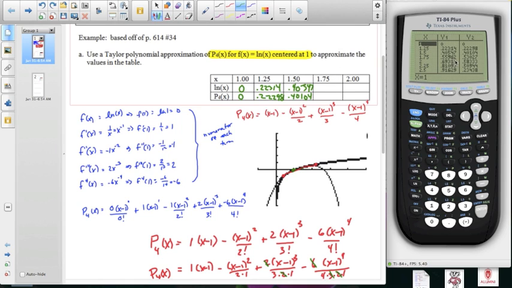And then at 1.75, we're looking at an actual value of 0.55962. And the approximation here is 0.53027.